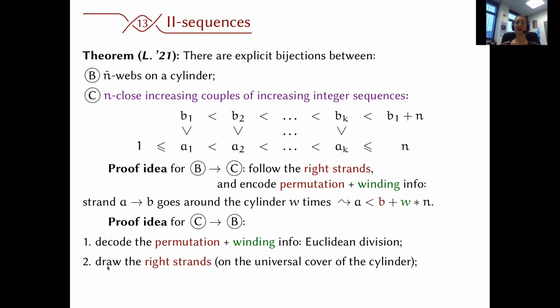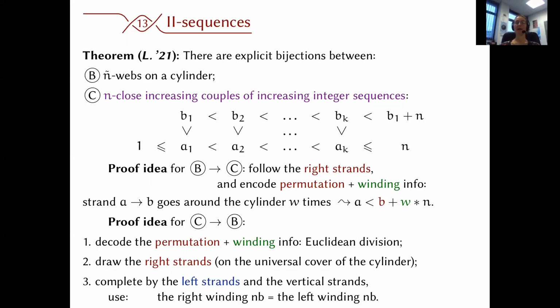Then you can draw these right strands. You know how many times you need to go around the core, and you know where you need to arrive. The easiest way to draw things is on the universal cover of the cylinder, which I will draw in the next slide. And then once again, you complete this by the left strands and the vertical strands.